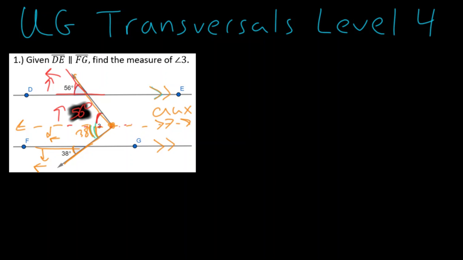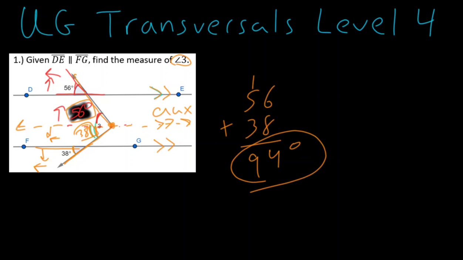Now, to find the entirety of angle 3, I take the top half and the bottom half and add them together. 56 plus 38: 6 plus 8 is 14, and 1 plus 5 plus 3 is 9, so our answer is 94 degrees. The measure of angle 3 is equal to 94 degrees.